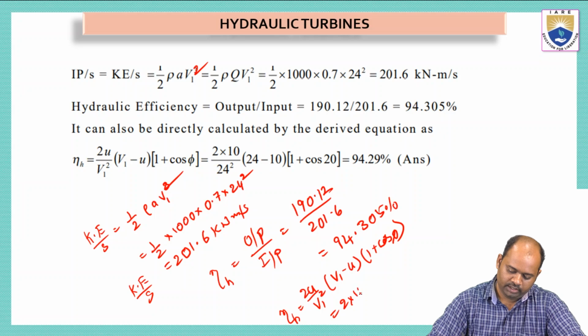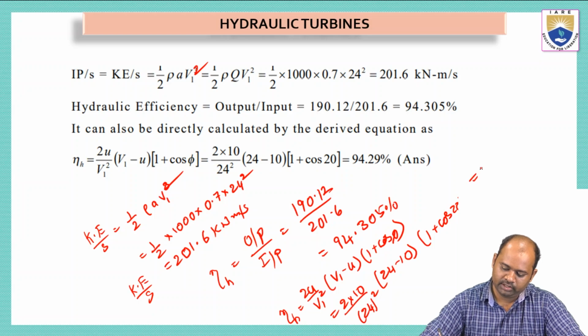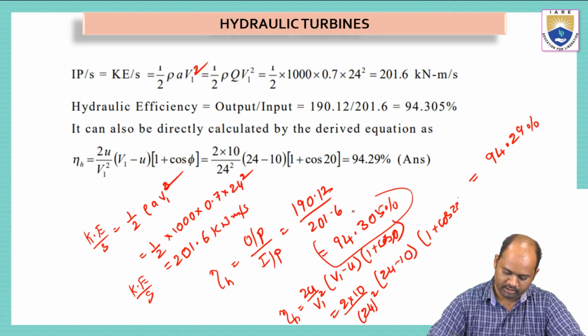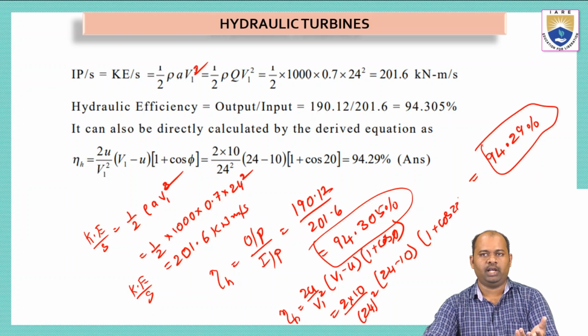So using this formula also we can calculate the hydraulic efficiency: 2 times 10 by 24 squared, multiplied by 24 minus 10, multiplied by 1 plus cos 20 degrees. After calculating this also, we will get the value as 94.29%, which is the same as that of the general formula, output power by input power.